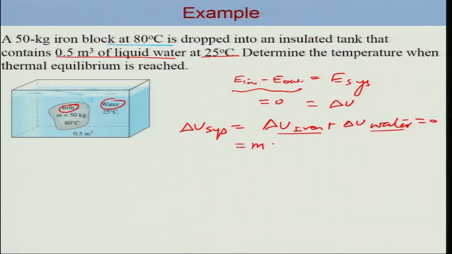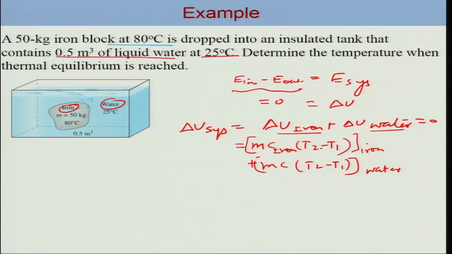It can be written as m C (T2 minus T1) for iron, plus m C (T2 minus T1) for water. Here T2 and T1 are the respective final and initial temperatures for iron and water, and C is the respective specific heat for iron and water.